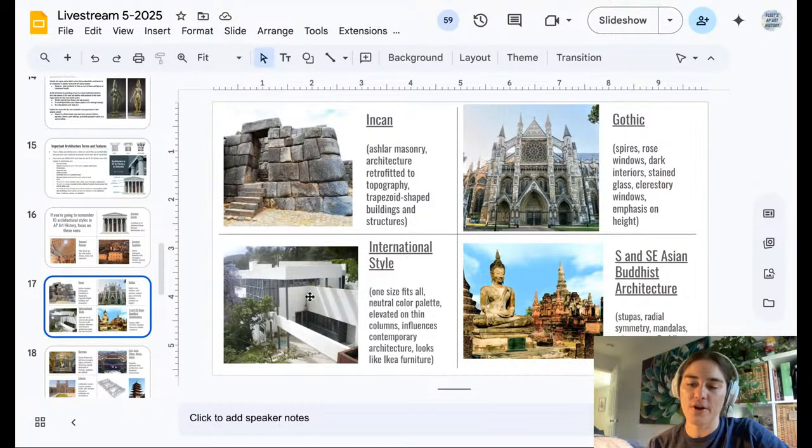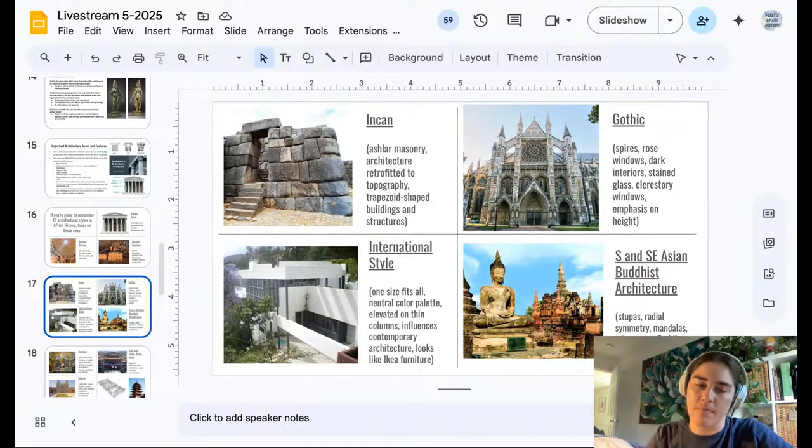So another important movement to remember that goes on to influence a lot of contemporary architecture is the international style. This is the style that was used in the Seagram building, the one that looks like the giant monolith from the beginning of 2001: A Space Odyssey, as well as the Villa Savoye.